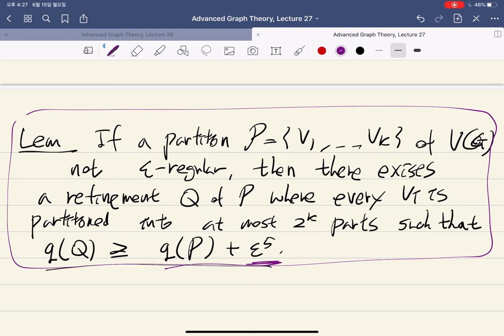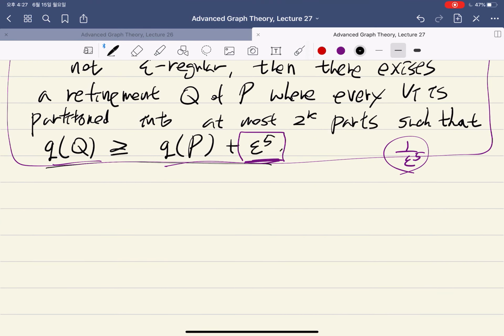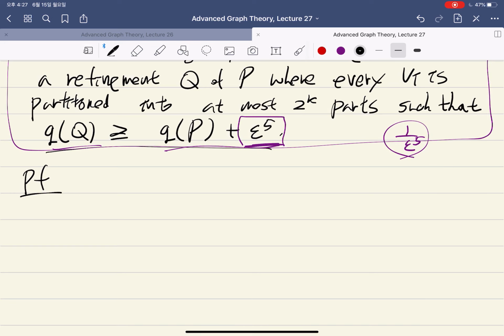As long as this is not epsilon regular, we can keep doing that. But at a certain point, we should not be able to do it further because it cannot go above 1, but every time it increases by this much. So after at most 1 over epsilon to the 5th times, we are stuck. At that time, we must have an epsilon regular partition. So it suffices to actually prove this lemma.